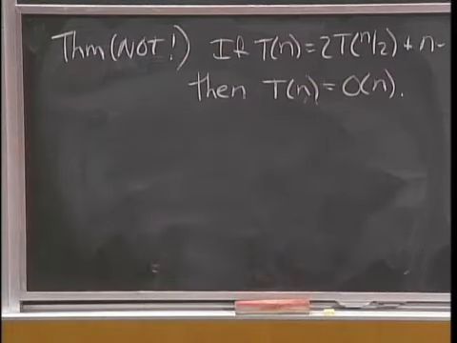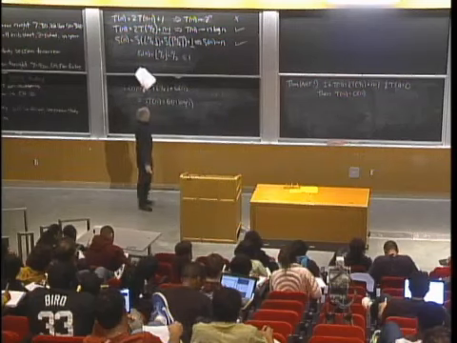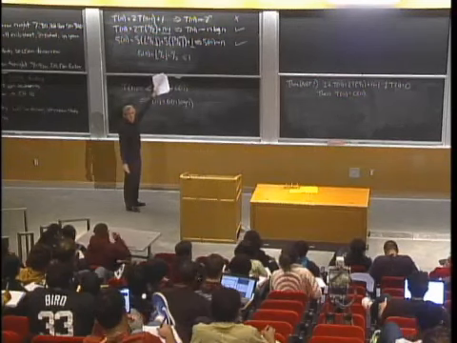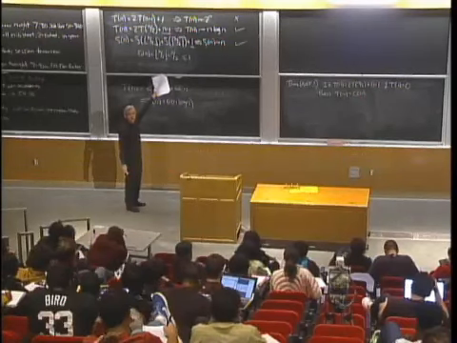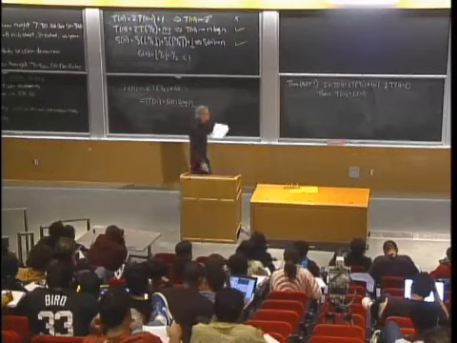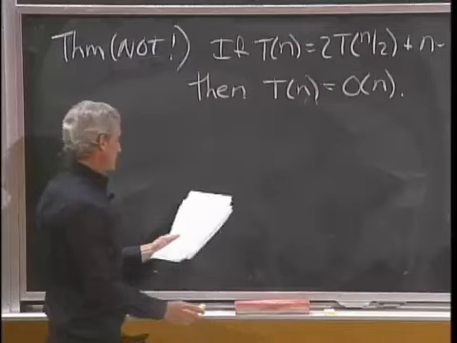Now that can't be right, because we've proved it's theta of n log n, and that is not O of n. N log n grows faster than n. All right, but let's see the proof.